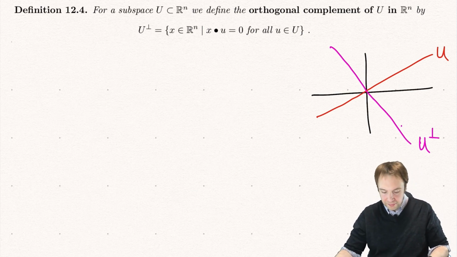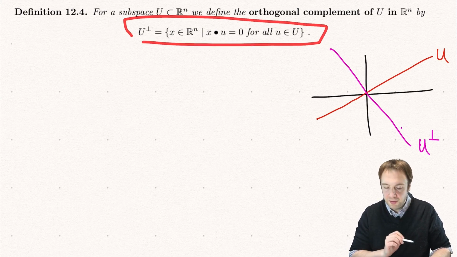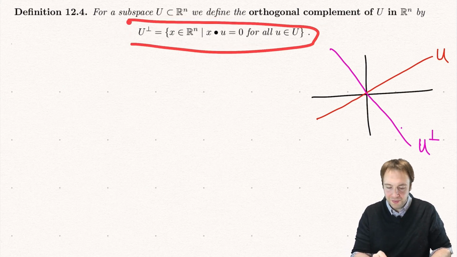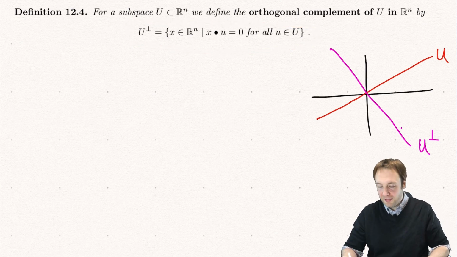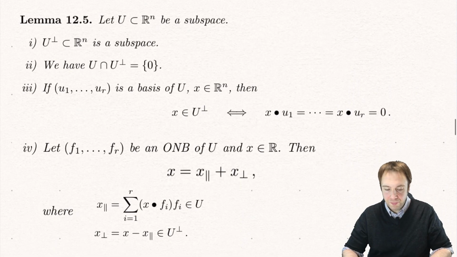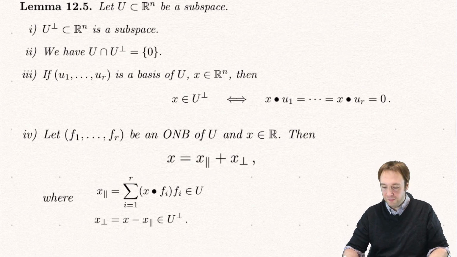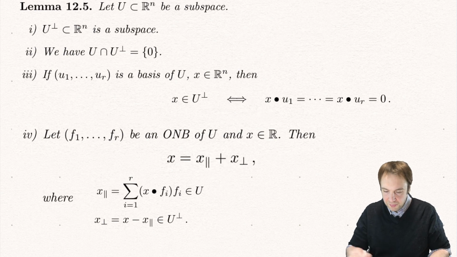And by definition, what I just said is that these examples I gave here are also subspaces, and this is one of the first statements in this lemma, namely that if I have a subspace U, then the orthogonal complement is also a subspace.